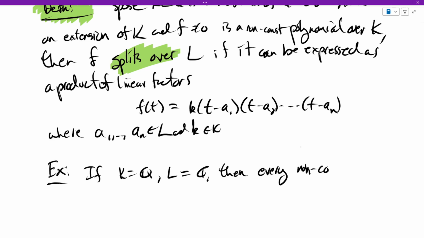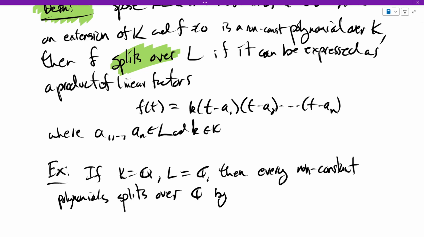Just because this definition doesn't really make sense with constant polynomials. Anyways, then every non-constant polynomial splits over L, by the fundamental theorem of algebra, which I'm just going to abbreviate as FTOA.